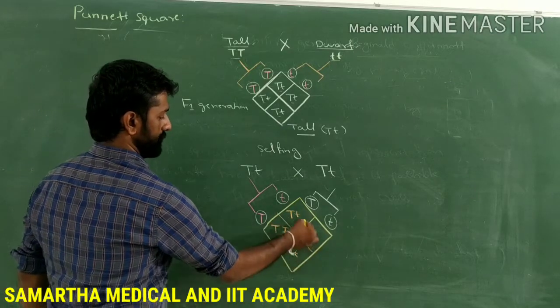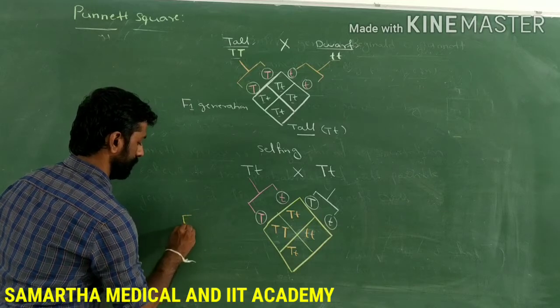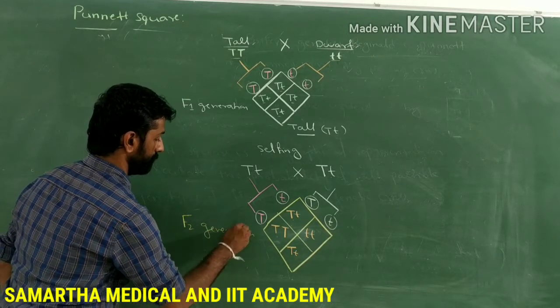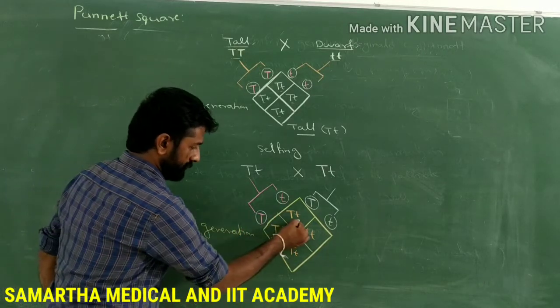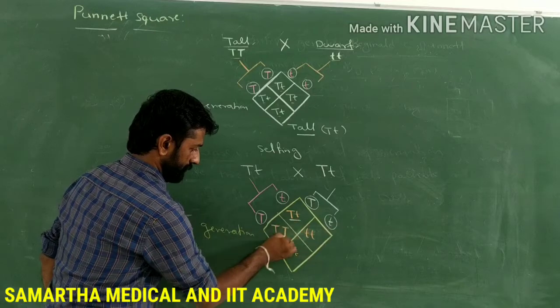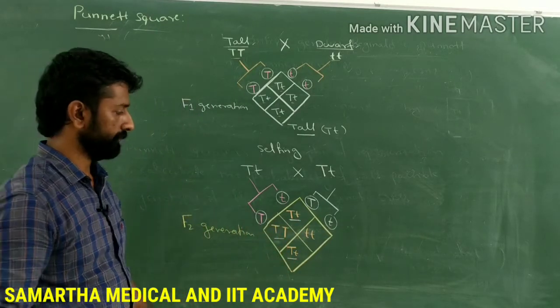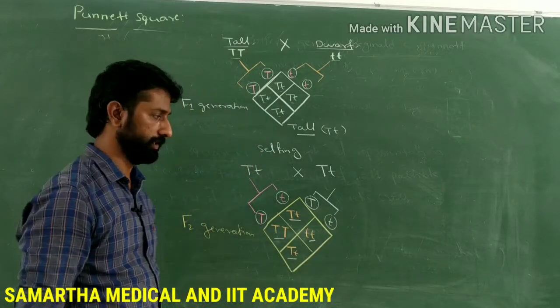For the appearance, what happens in this F2 generation? These are the individuals of the F2 generation. See, these three are tall in nature, and the other plant produced here is dwarf in nature.